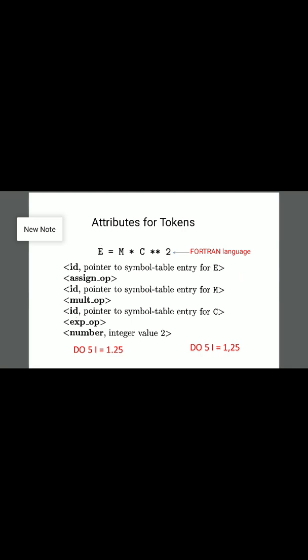For every identifier you make an entry into the symbol table. So you have to provide a pointer to the symbol table entry for E, that is the first identifier. Then the assignment operator is there. Now again you get an identifier, so again you have to provide the address of that M in the symbol table, that is a pointer to the symbol table entry.